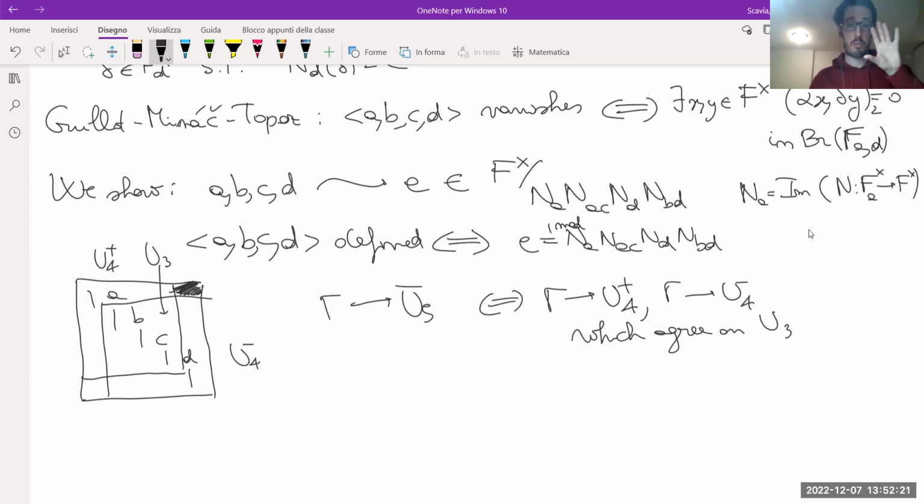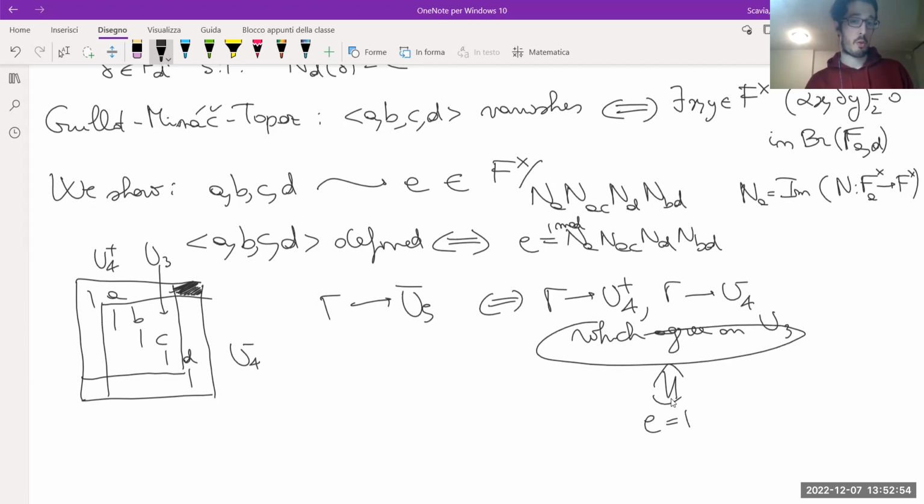So we parameterize all the solutions for U4 plus, all the solutions for U4 minus, and then we look at the difference between a given U plus solution and a U minus solution in the intersection, and the difference turns out to be this constant E, this scalar E. And we have agreement if and only if E is equal to 1 in that quotient.